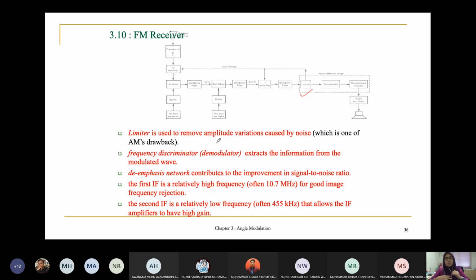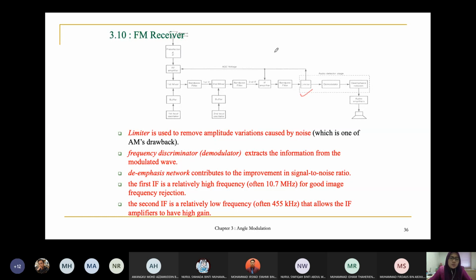So by adding the limiter in frequency modulation, FM is better than AM with regard to amplitude variation caused by noise.